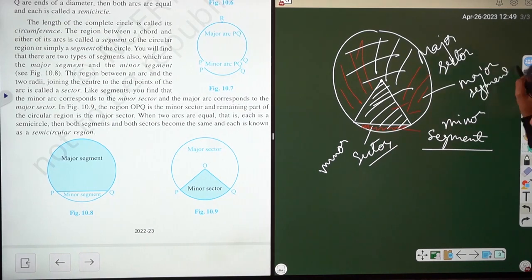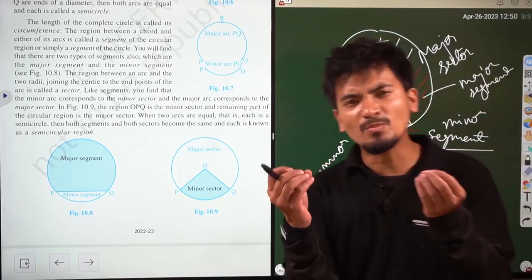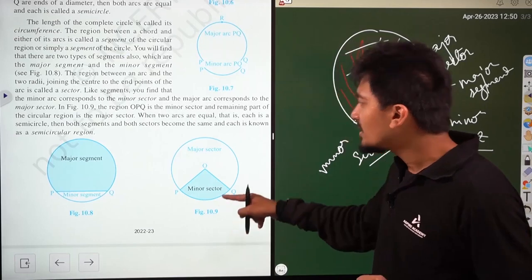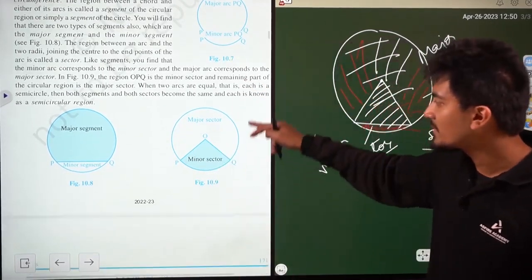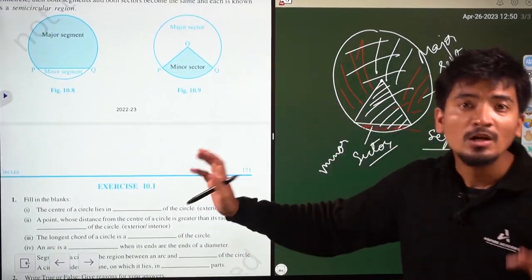Okay, this is the difference between minor and major. Minor means the smallest part, and major means the bigger part. So this is what is written here. You just go through it and you will understand the whole concept.